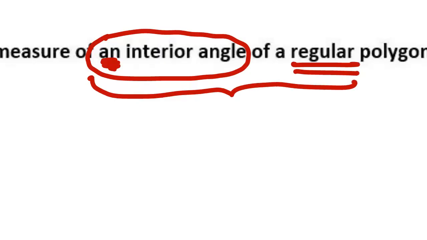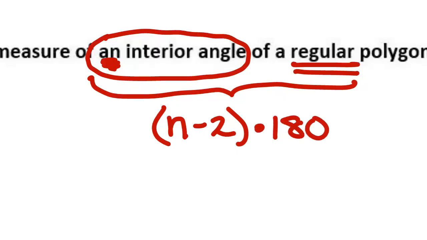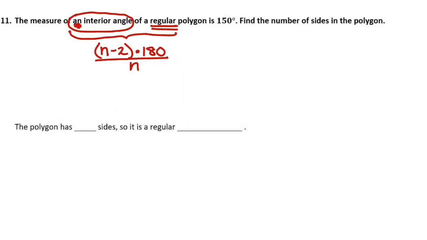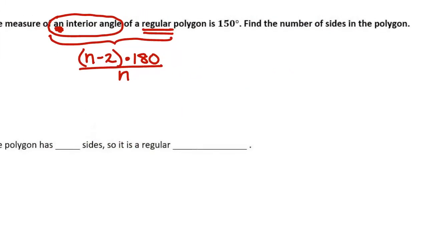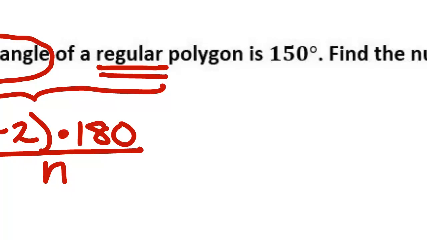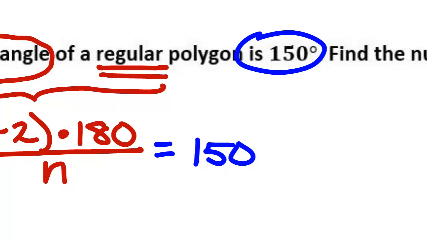So that right there means n minus 2 times 180 divided by n. And how big is this angle? How big does it say the angle is? 150 equals 150.